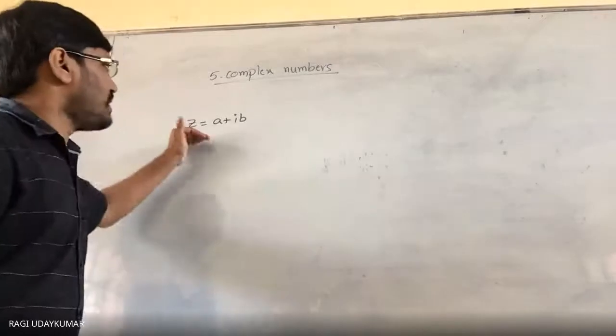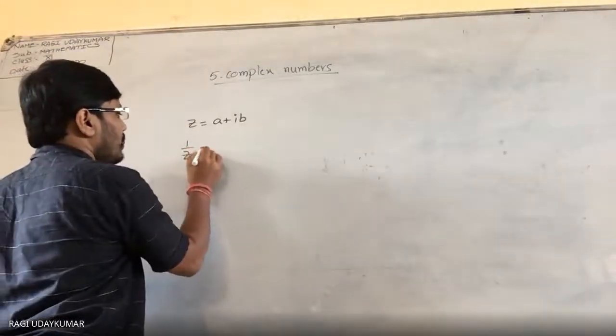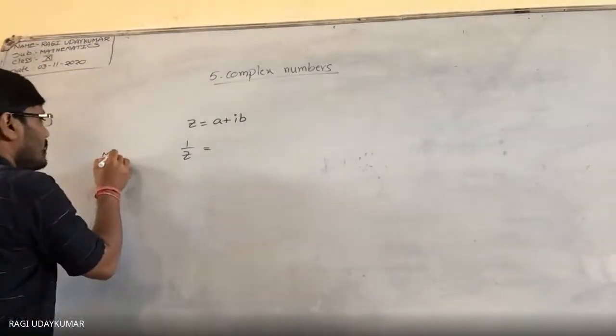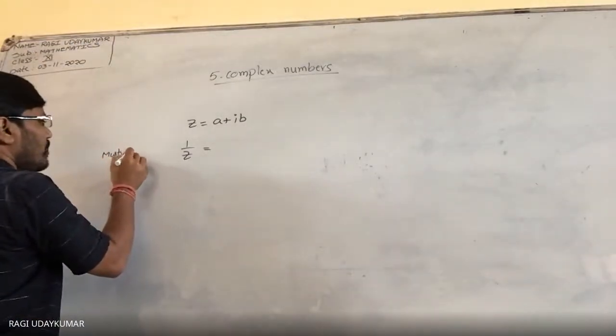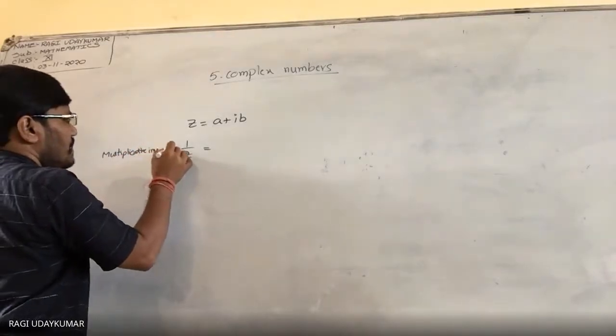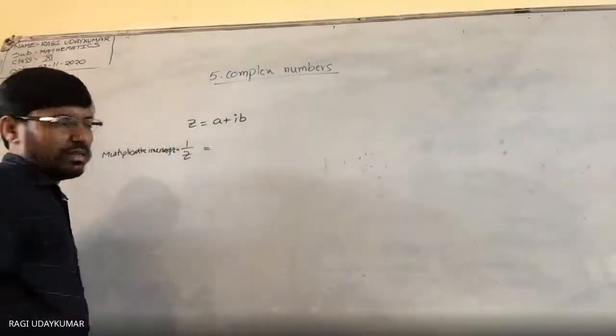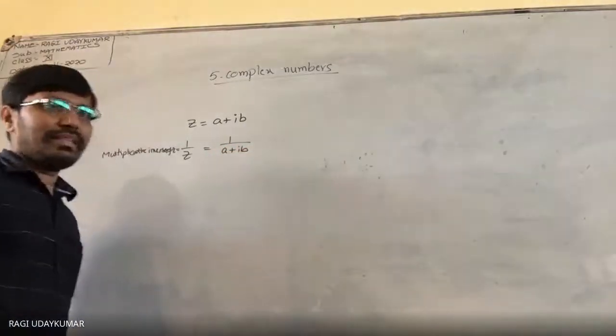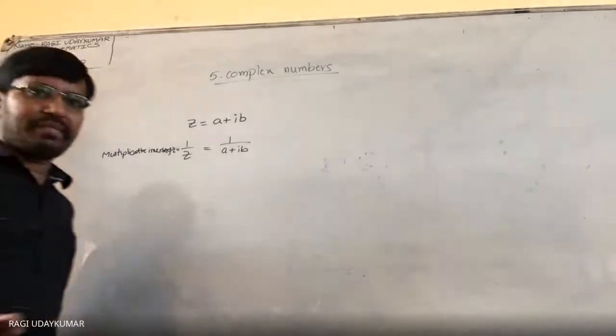Okay? So z is equal to a plus ib, and 1 by z is the multiplicative inverse. The multiplicative inverse of z is 1 by z, which is nothing but 1 by a plus ib. Actually, this was shown to you previously, but how do we get it?